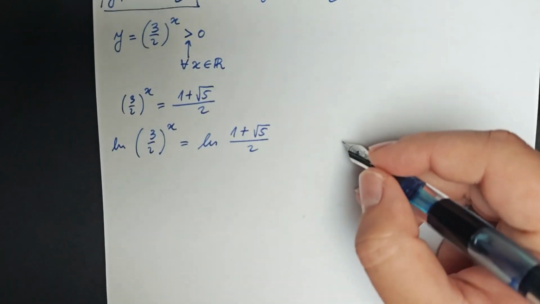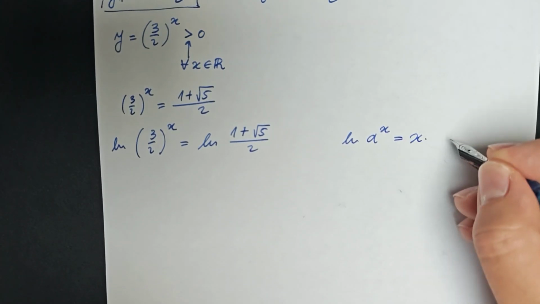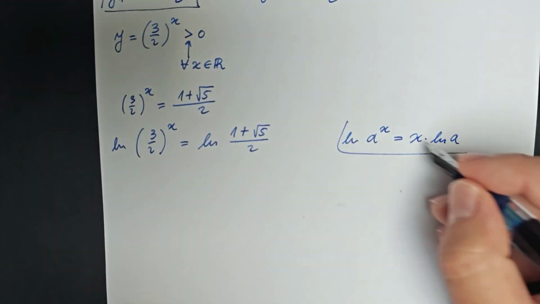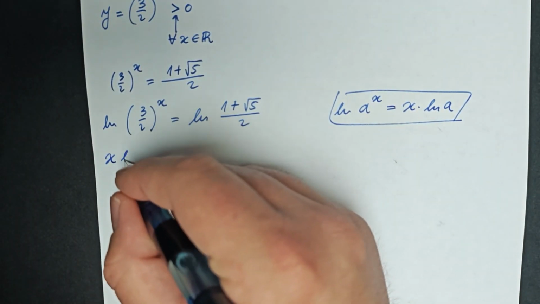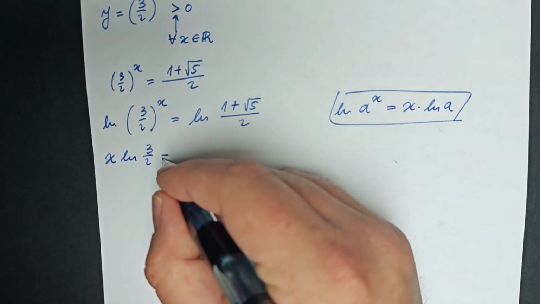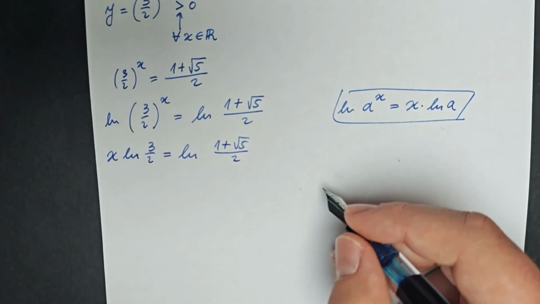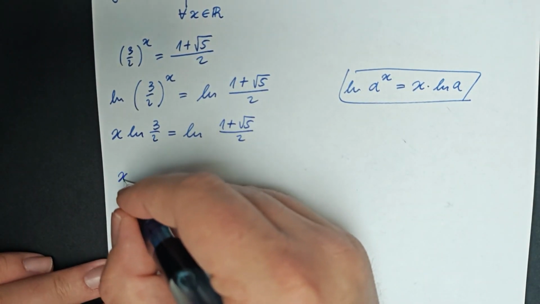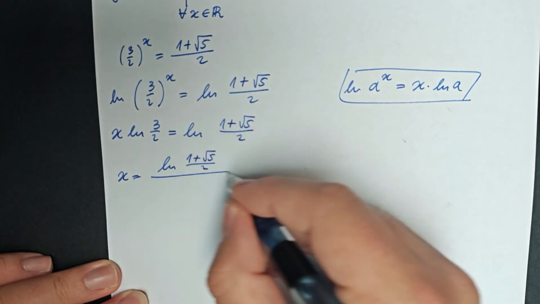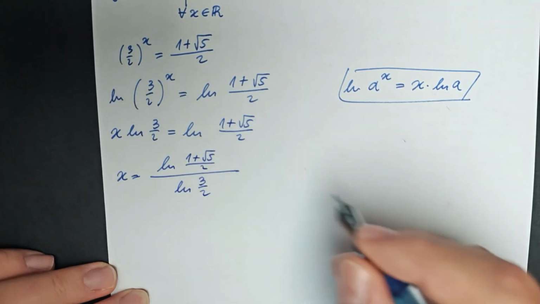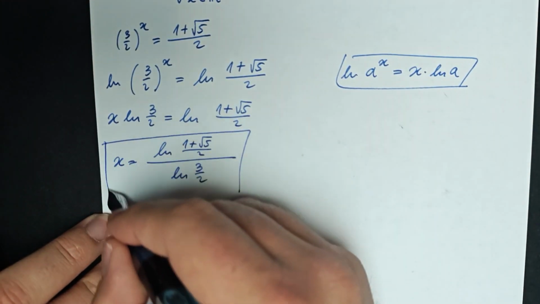If you remember, ln of a to the power x is equal to x multiplied by ln of a. So we are going to use this rule, and we get that x multiplied by ln of 3/2 is equal to ln of 1 plus the square root of 5 over 2. So that makes x equal to ln of 1 plus the square root of 5 over 2, divided by ln of 3 over 2. And this is our final solution right here.